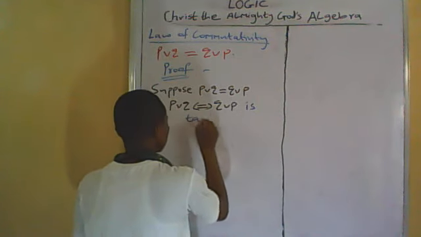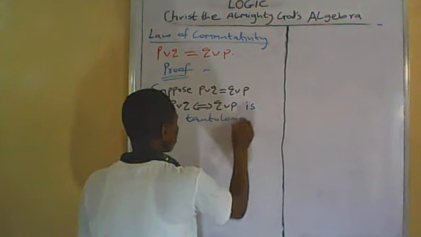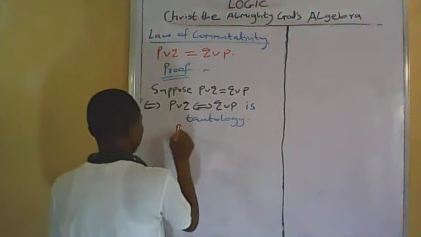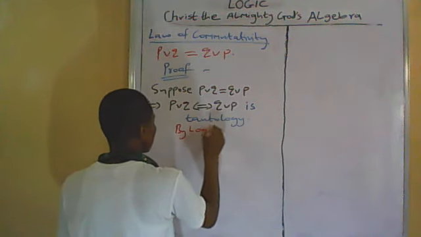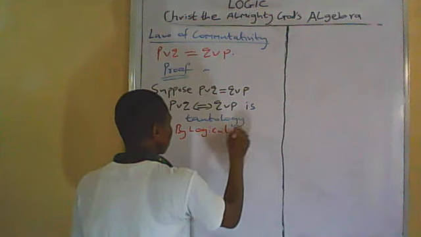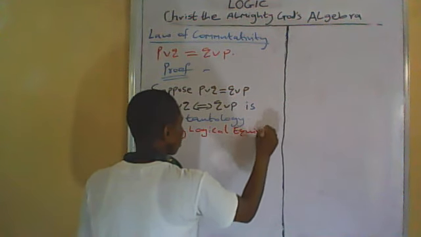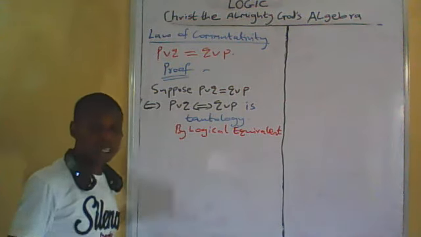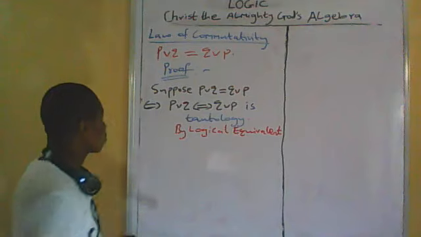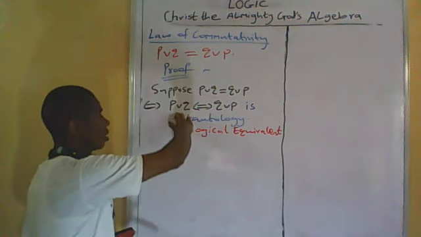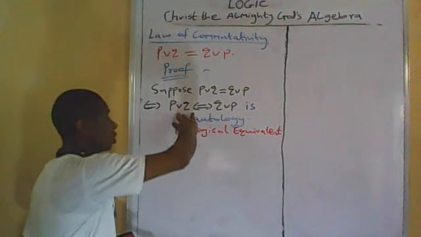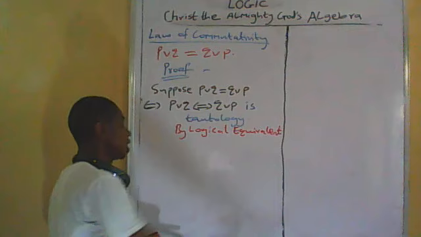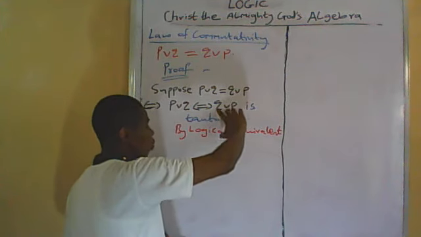Is the tautology being justified by logical equivalence? Being justified by logical equivalence. Since whenever the left equivalent is true, the right equivalent must also be true.